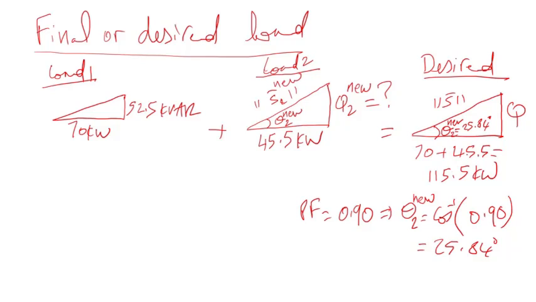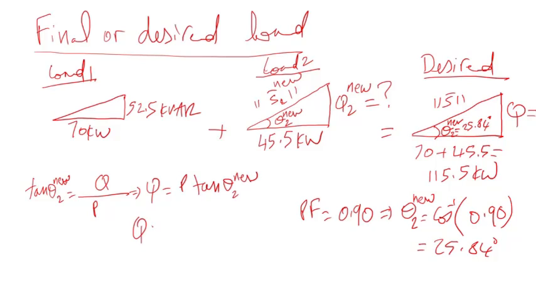So notice I have active power known, angle known. I can calculate Q, I can calculate S. So this Q here, we know tan of theta 2 new is equal to Q divided by P, which means Q is equal to P times tan theta new.